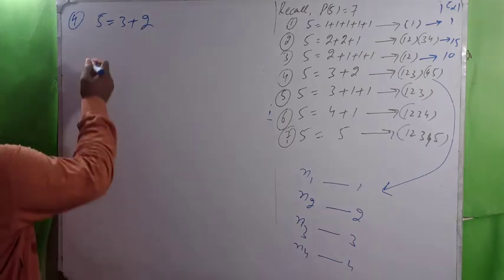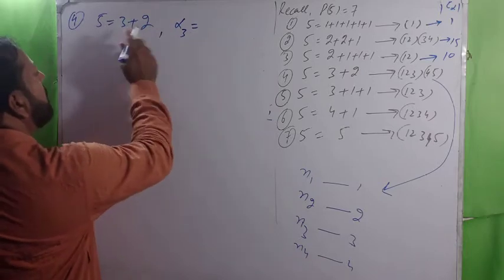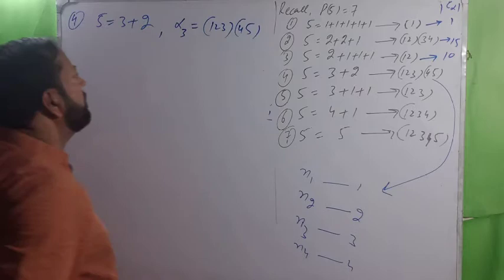So alpha 3 would be equal to (1,2,3)(4,5).